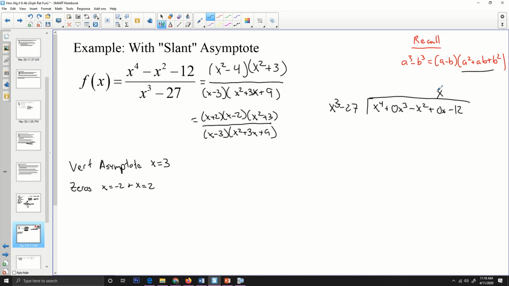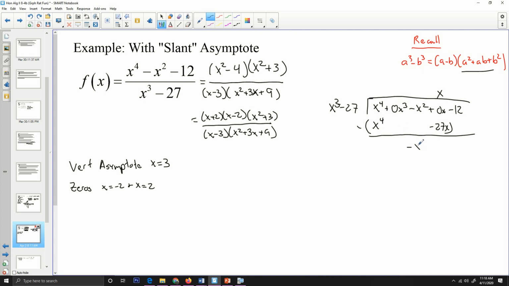All right, that's okay. So I can go x times x to the third, which will give me x to the fourth, and then x times -27 will give me -27x. When I do that subtraction here, I end up with x to the fourth that cancels, and then I get 0x.